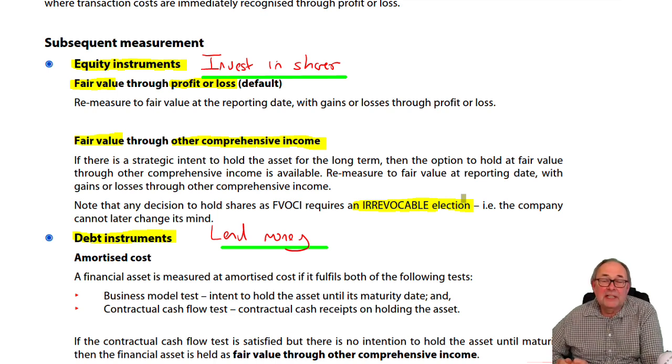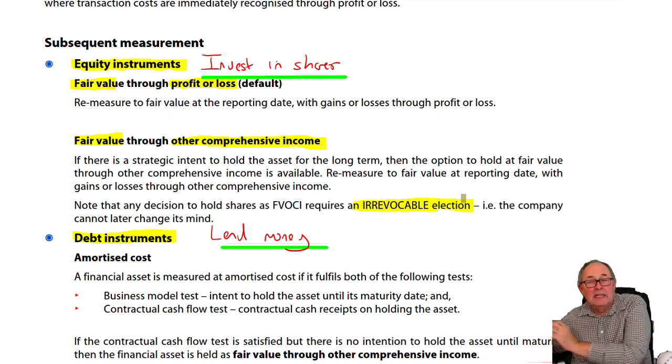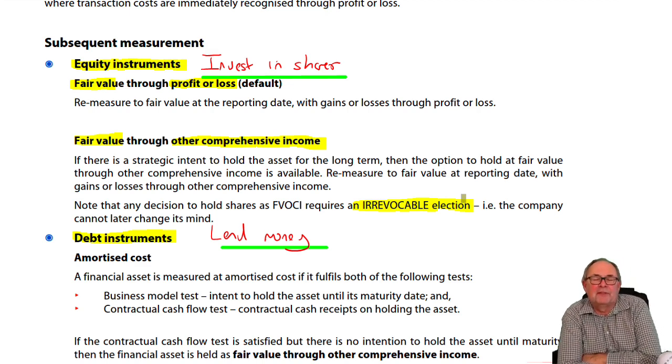So investing in shares, you must measure at fair value. Normally gains and losses go to P&L, but there's an option to put them all through OCI in respect of a particular investment. And you could make different decisions for different investments, deciding on whether the investment was for the short term or the long term.